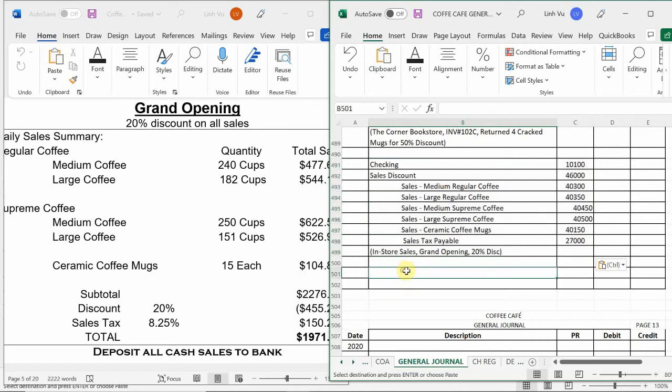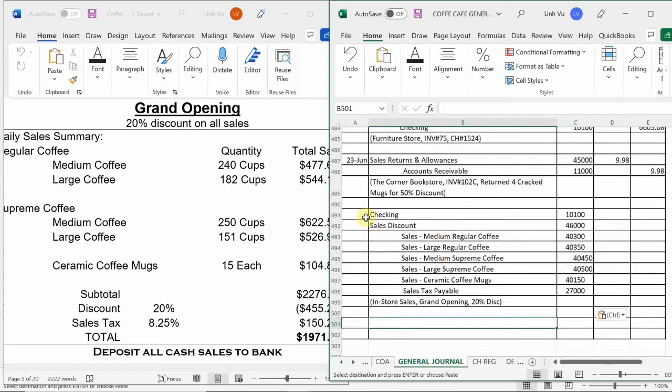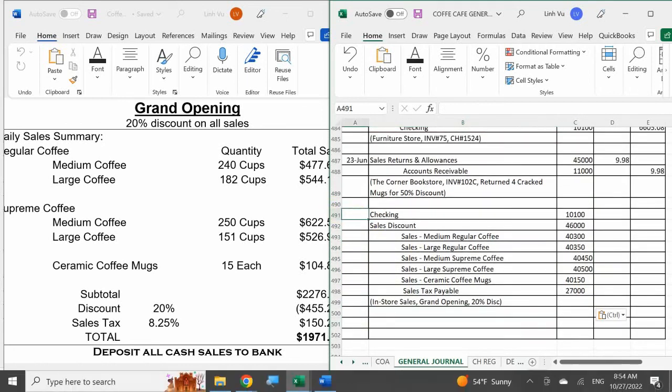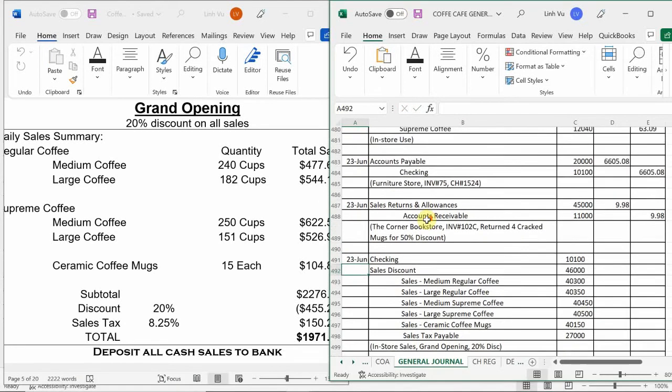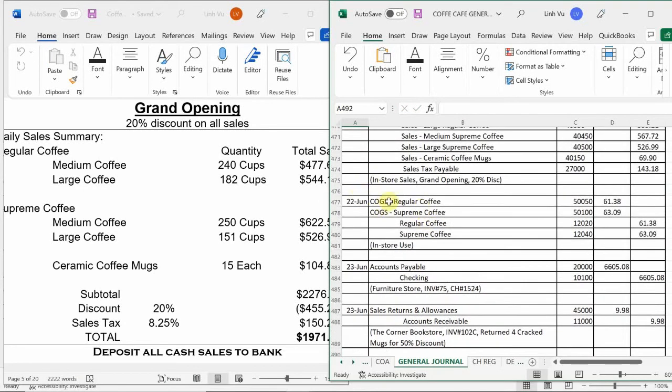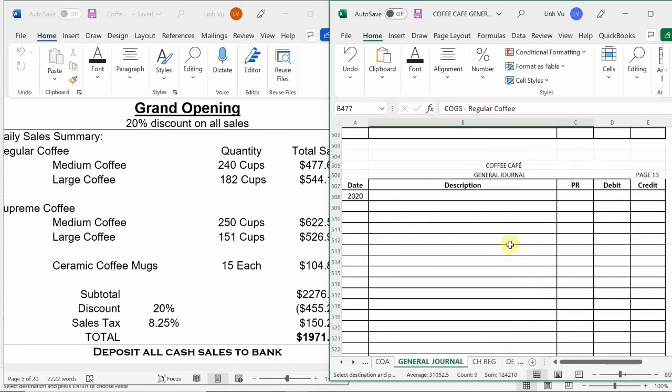Yep, I don't have enough space for the cost of goods sold, so I have to include that on my next page. And I'm going to do that as a friendly reminder for myself not to forget about the cost of goods sold.